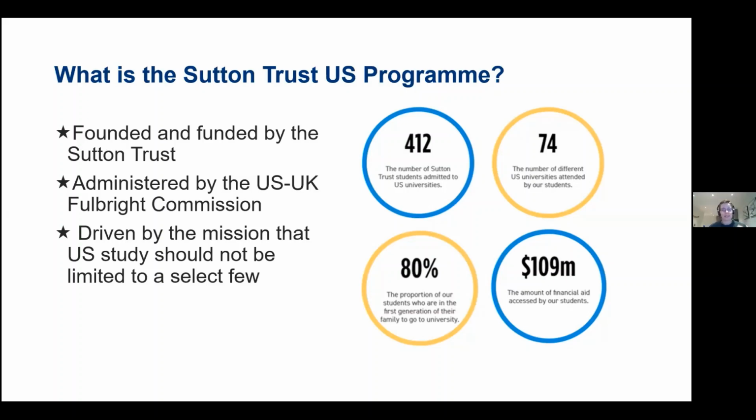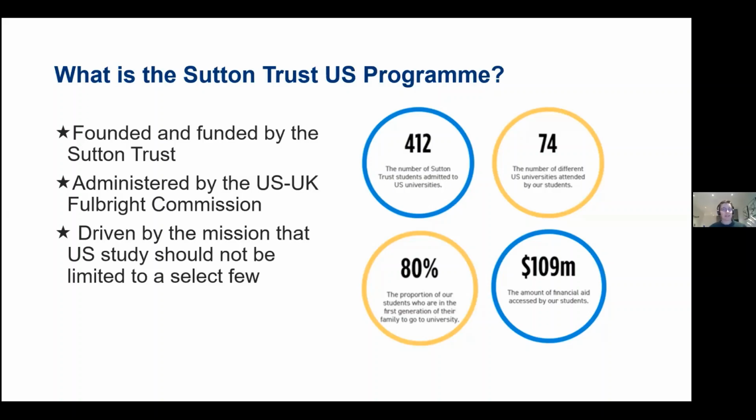So the Sutton Trust funded and founded the program, but us at the US-UK Fulbright Commission are the ones who administer and run the program. So I am a program manager for the Sutton Trust US program, but I also work at the US-UK Fulbright Commission, whose mission is to increase international exchange between the US and the UK.